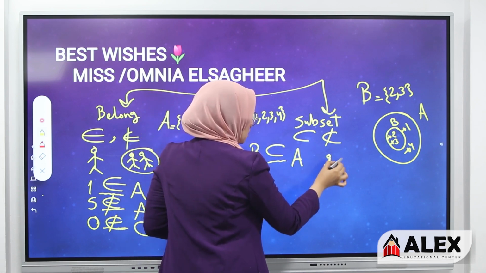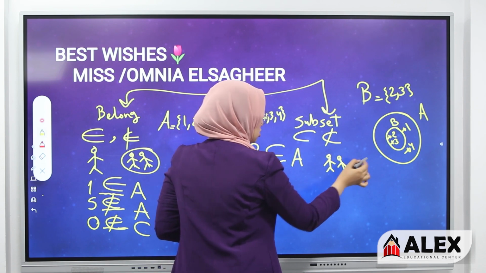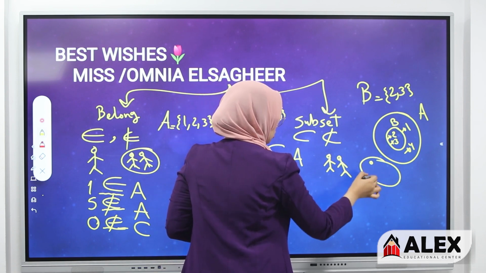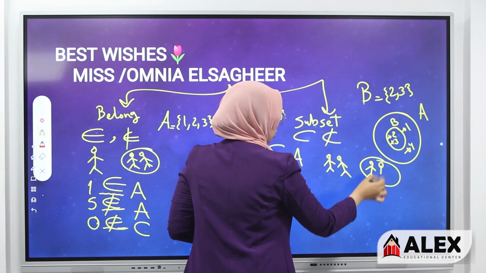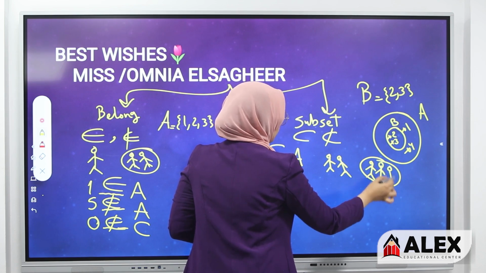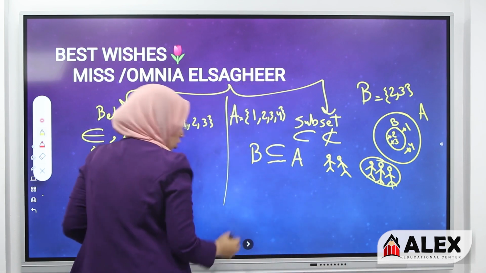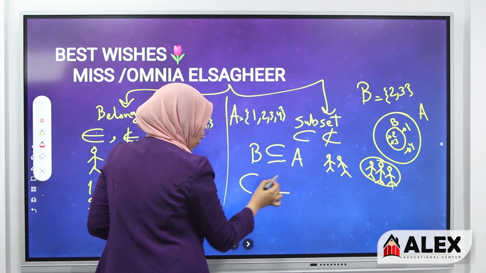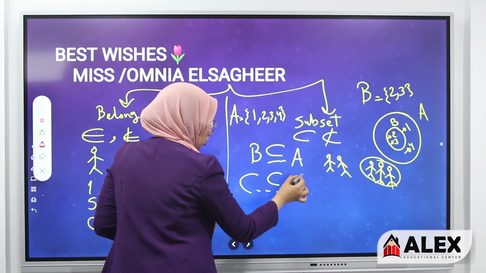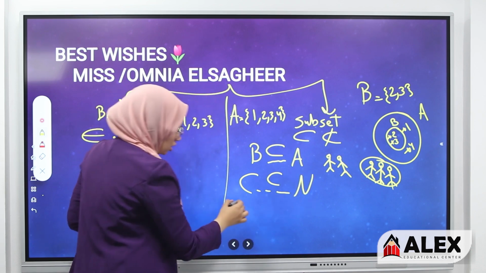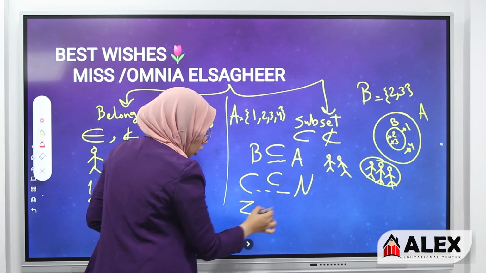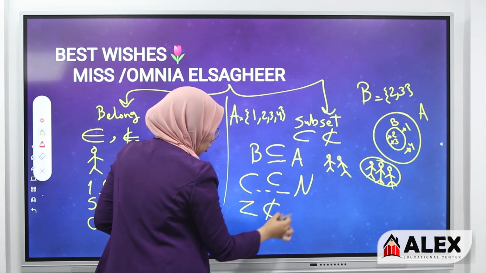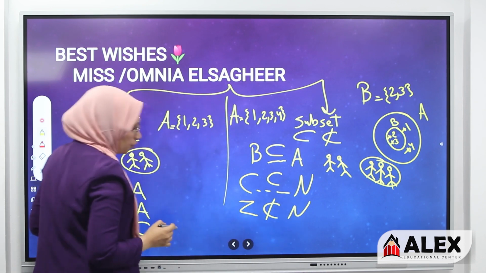Then subset and not subset is between what? Between a small set and the greater set, a part of a larger set. Like what? The counting numbers are a subset of what? Of the natural numbers. But the integer numbers are not a subset of the natural numbers. Why?